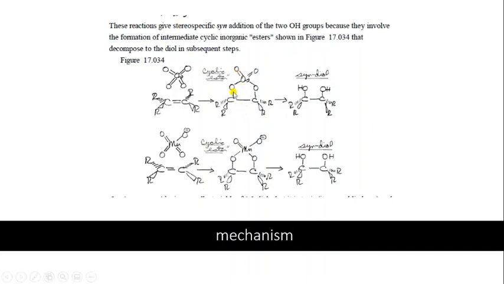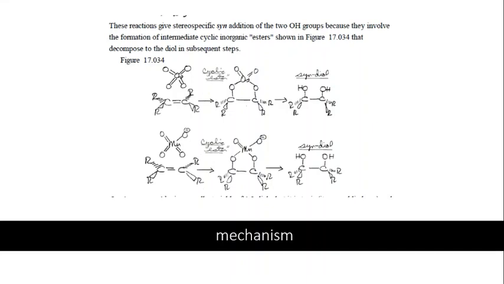Now this product, after the cleavage, after the acid workup, changes into the diol, into the syn diol. Syn diol is the product that is resulting after the oxidation through this osmium tetroxide.